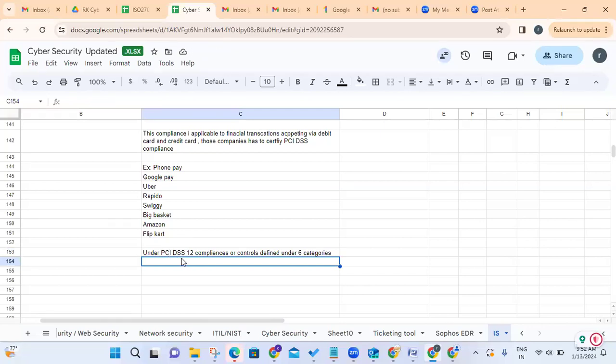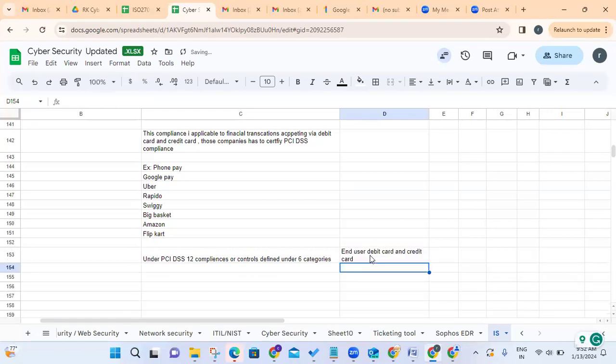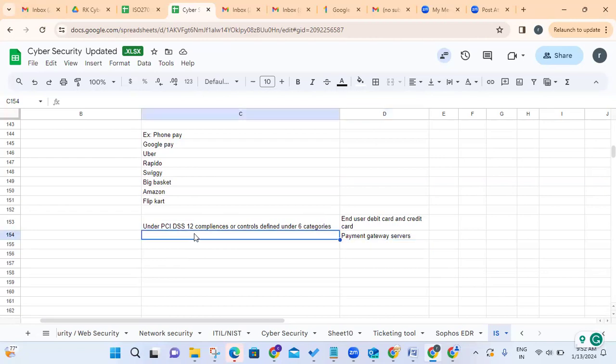As I said, whenever we are implementing the compliances, we have to remember the end user debit card and credit card security. Second one is payment gateway servers. So these two things we have to keep in mind, and the PCI DSS organization has defined these 12 compliances in such a way.